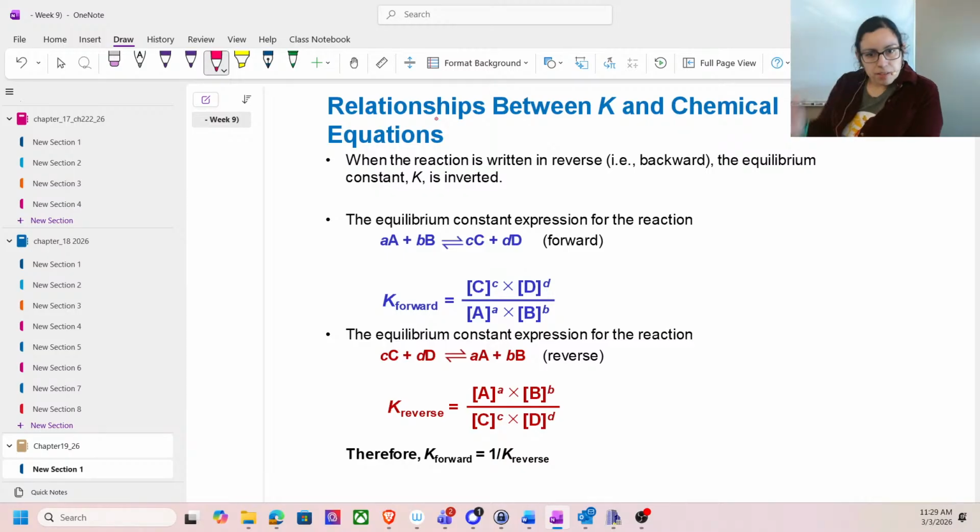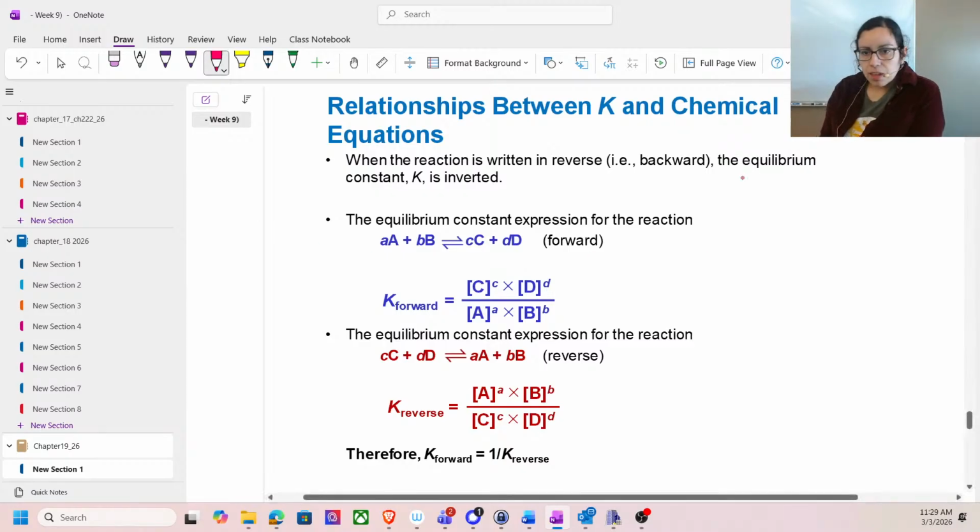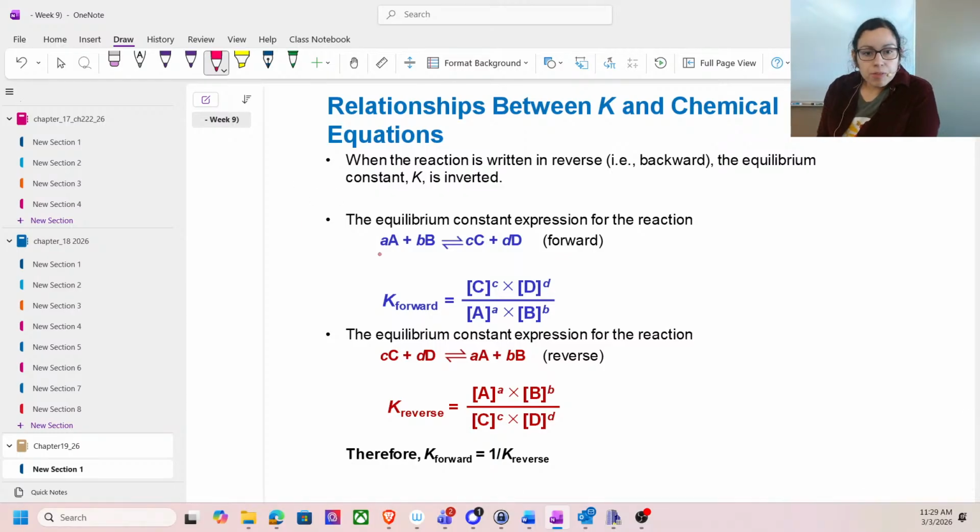So now we're just looking at what our expressions imply. We've just written our forward reaction, and now this is K in our forward direction. Just pay attention: we have products over reactants. And then of course for the reverse direction, now we're just flipping.